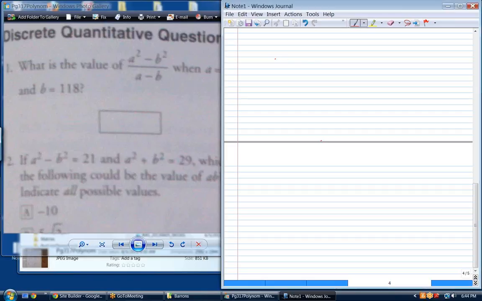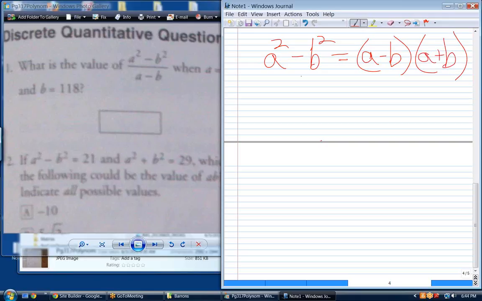Actually, a squared minus b squared is the difference of squares. So it's always a minus b times a plus b. That's a key thing to memorize. You'll run into a lot of difference of squares problems.